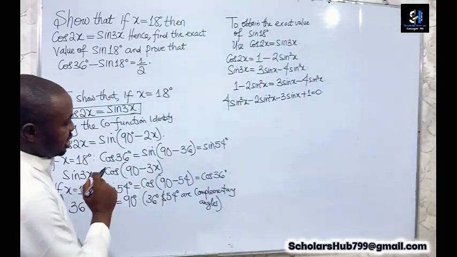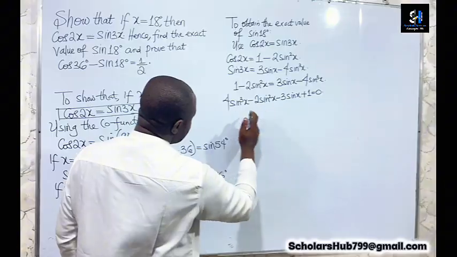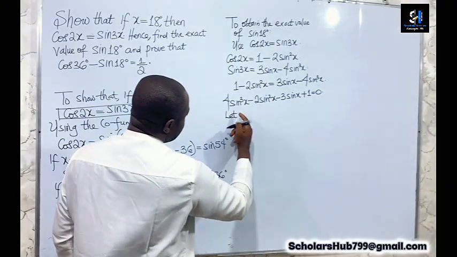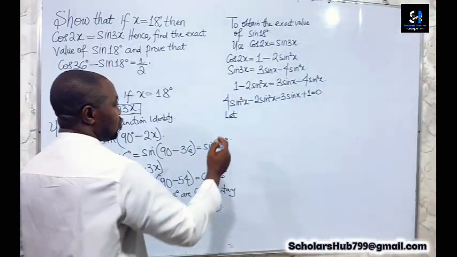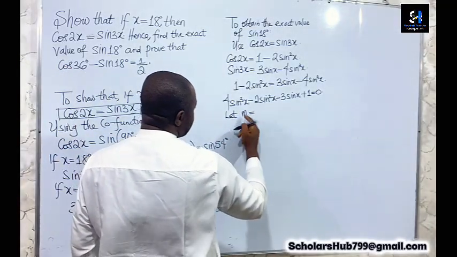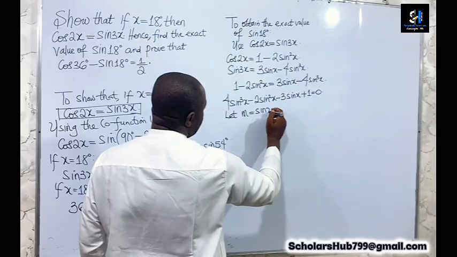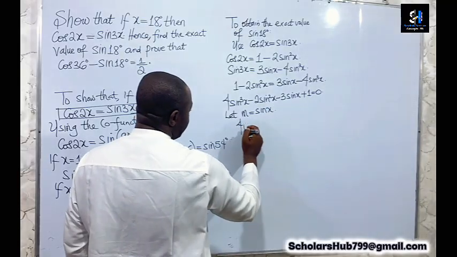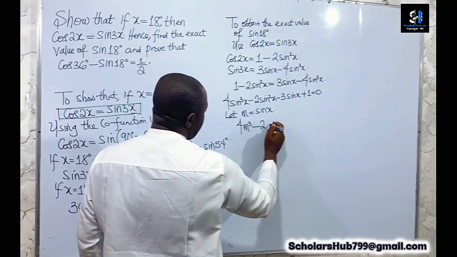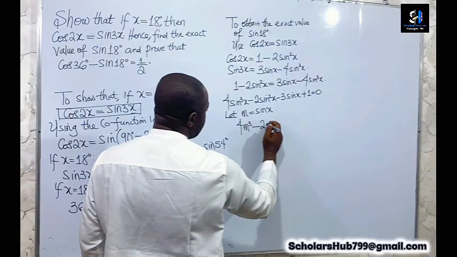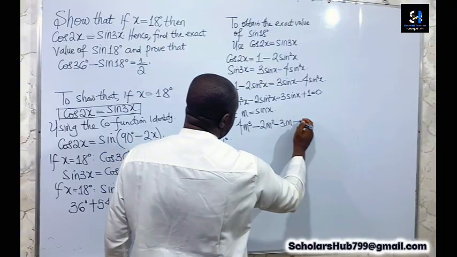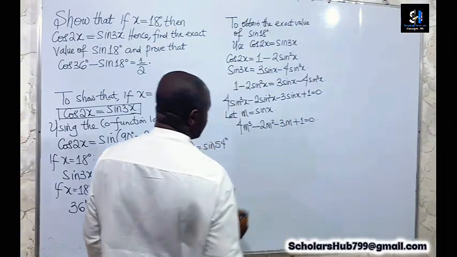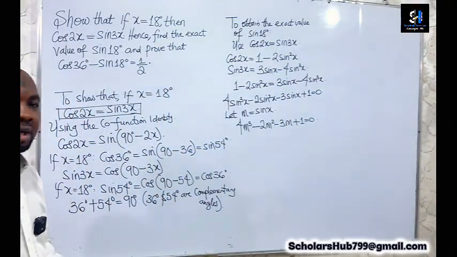Now to make this easier for us, let me choose a letter to represent sin x. Let m equal sin x. So this will be 4m cubed minus 2m squared, then minus 3m plus 1 equals 0. So now we have a cubic equation.